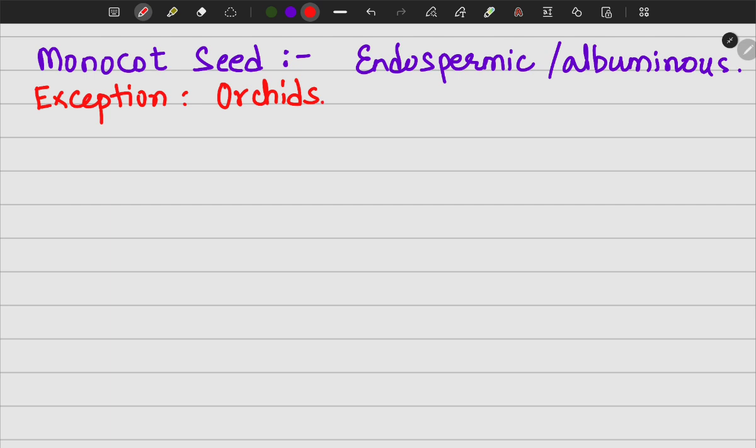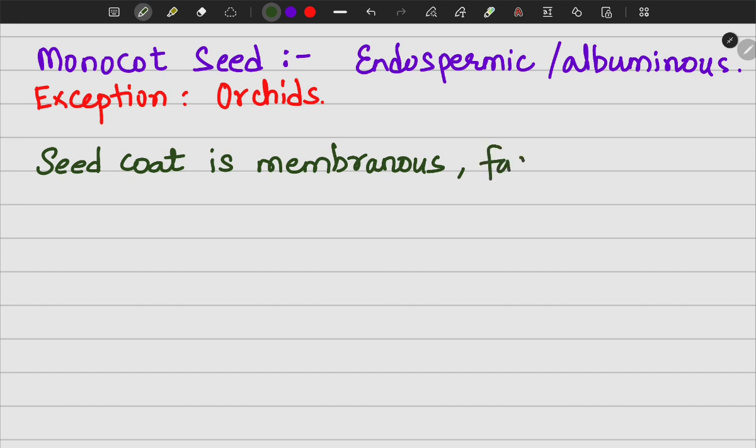Alright, so let us draw the structure of a monocot seed or embryo. If we talk about the monocot seed, the seed coat is very membranous and fused with the fruit wall.